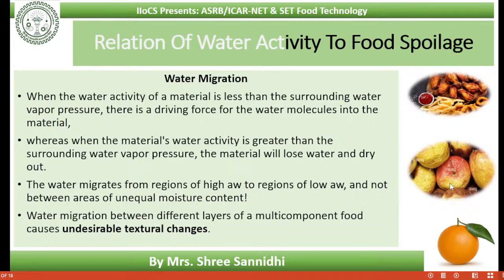You can see the apples are shrunk, because of loss of moisture. In fried foods, if they are kept in a high moisture room or storage area, then these crispy fried foods might become soft and soggy, which is not favorable for their texture.